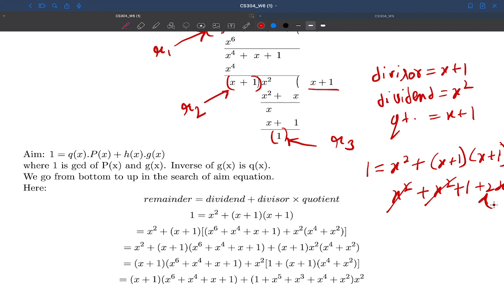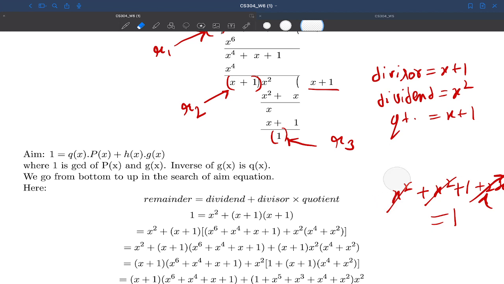Also this 2x will vanish when I take modulus with 2. So this will also yield 0, and I'm getting 1 only. So I can say that the right hand side and left hand side are equal. So saying that 1 is equal to the sum of these two terms is true.